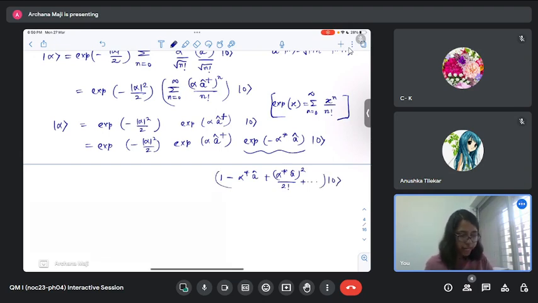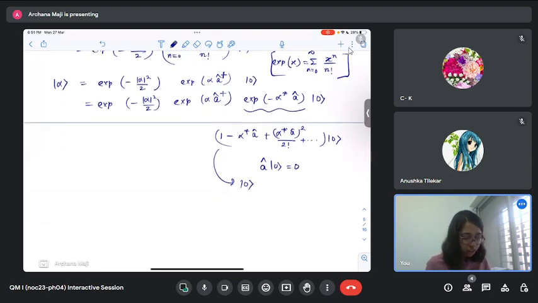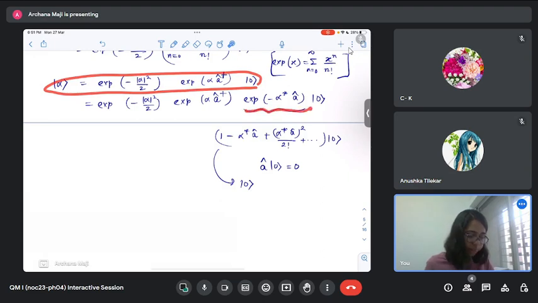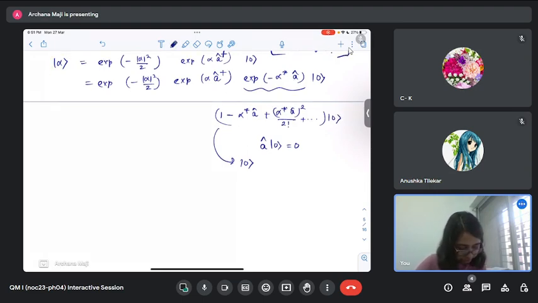You know that the annihilation operator acting on vacuum always gives you 0, so a on the ground state gives 0. So this entire thing is nothing but your vacuum state. By adding this term we haven't made any changes to the equation, but it is added just for convenience, to write this coherent state in a better way. And that better way is as follows.